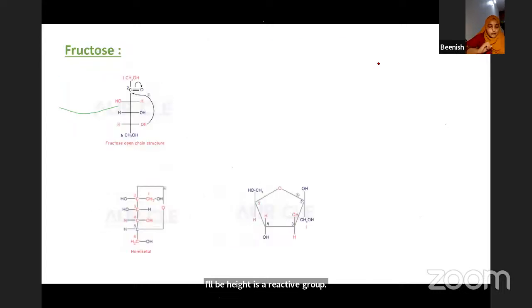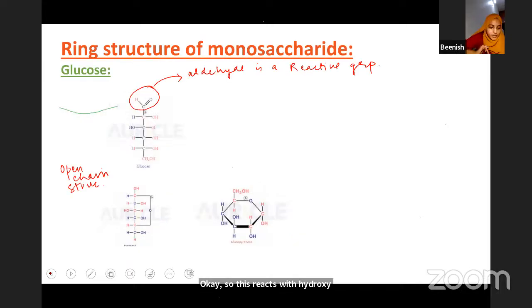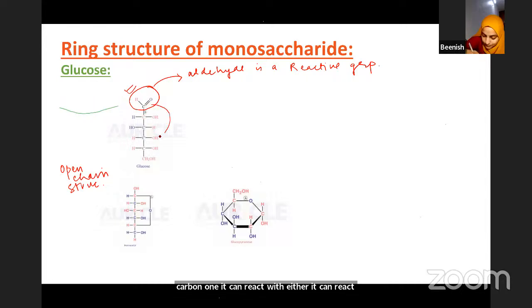It reacts with the hydroxyl at carbon 4 or carbon 5. So this aldehyde present at carbon 1 can react with carbon 4 or with carbon 5, but majorly it is with carbon 5.